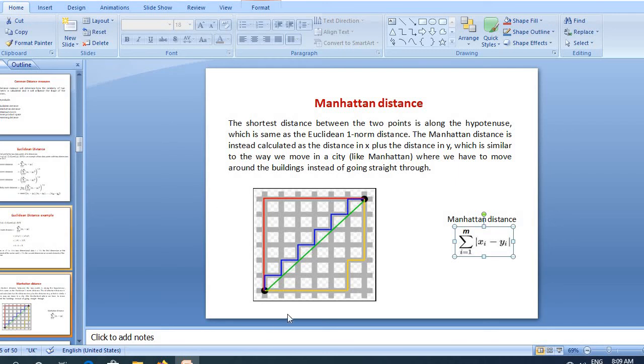Usually the shortest distance between any 2 points will be the hypotenuse. Rather than going this way, you take the hypotenuse. But the path along the blocks is actually Manhattan distance, which is the same as Euclidean 1 norm distance.